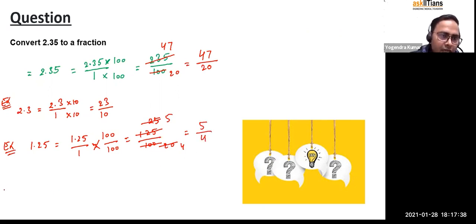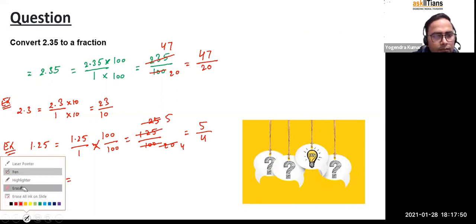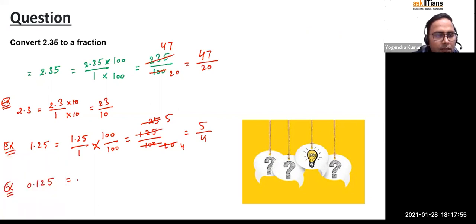Now suppose we have another example, 0.125. Again, what is the denominator? We have denominator as 1. Now let's multiply.